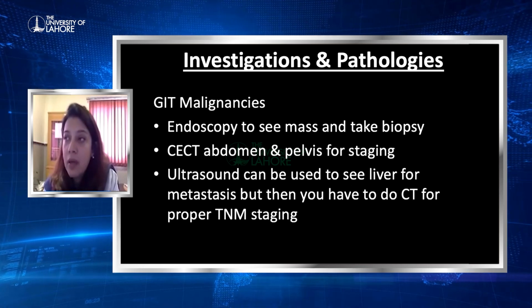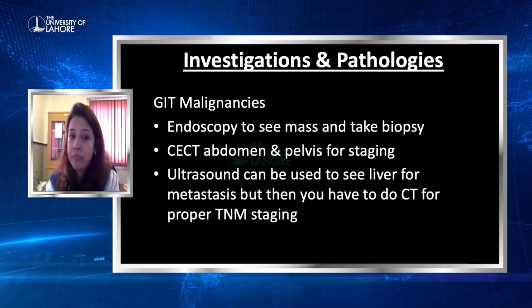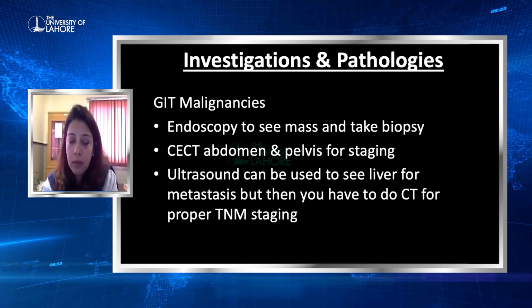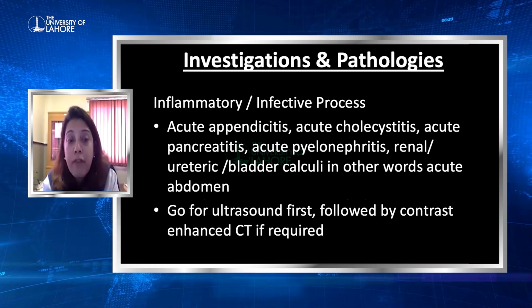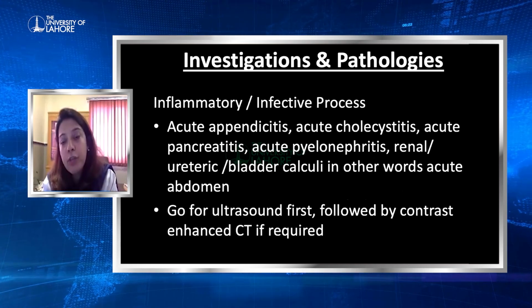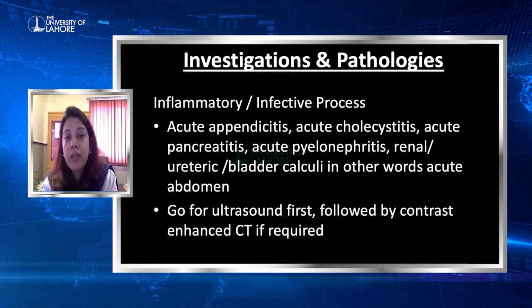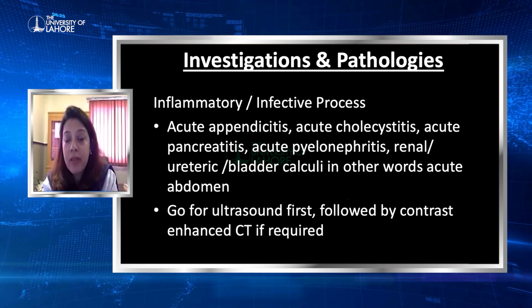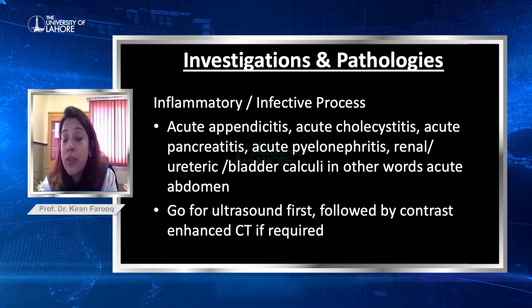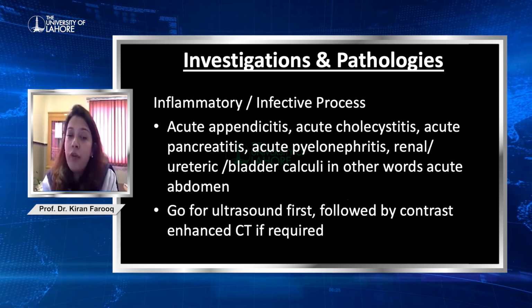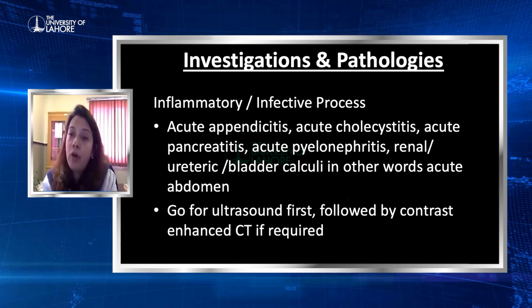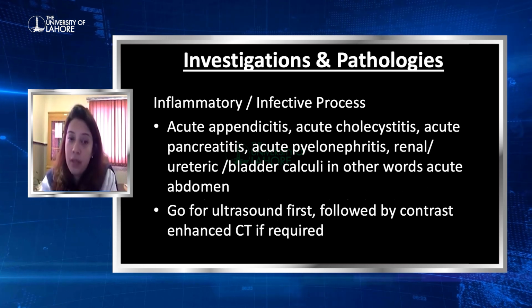To see the hollow organs, I think you should do a CT. For inflammatory and infective processes like acute appendicitis, acute cholecystitis, acute pancreatitis, pyelonephritis, in other words, if a patient comes to you with acute abdomen, you go for the ultrasound first, and then you can follow it up with the CT if it is required.